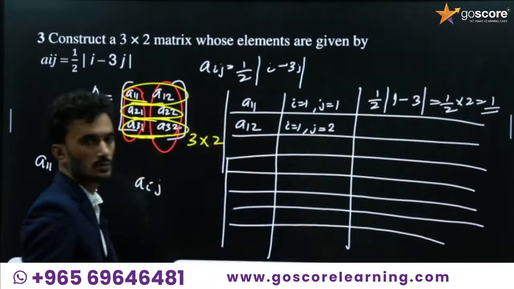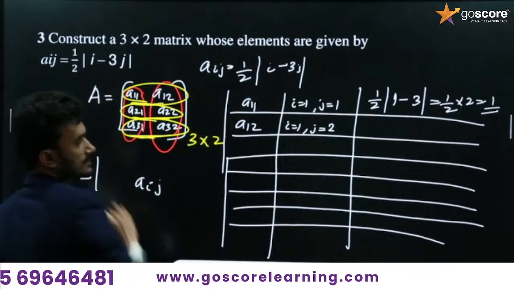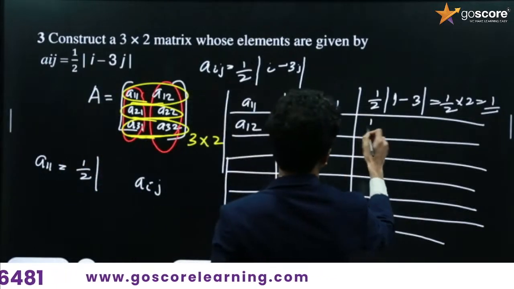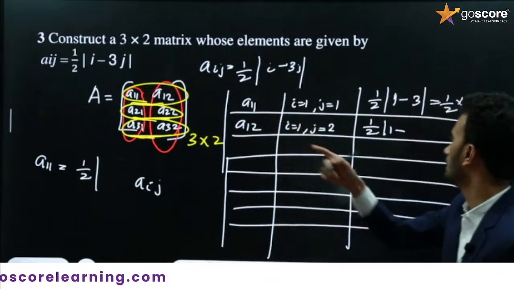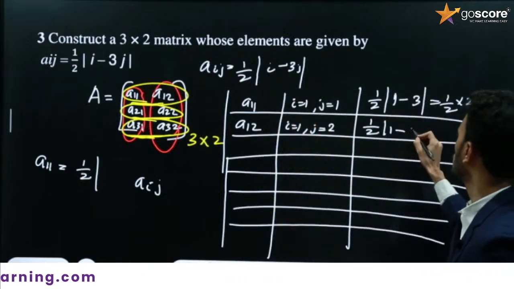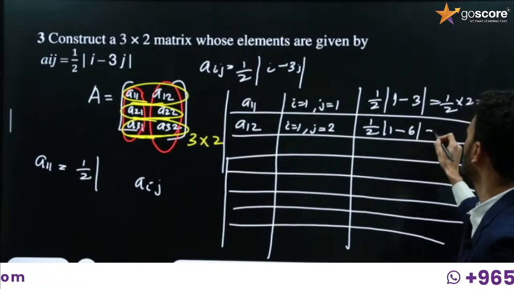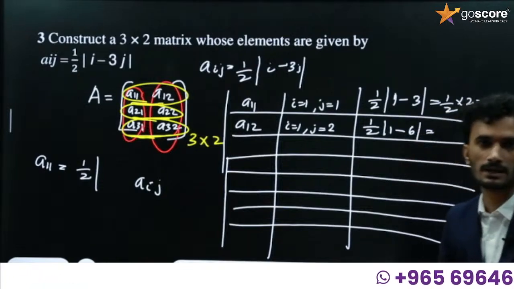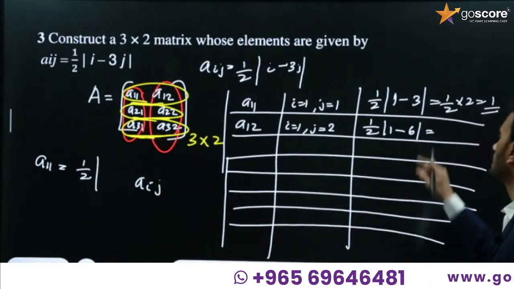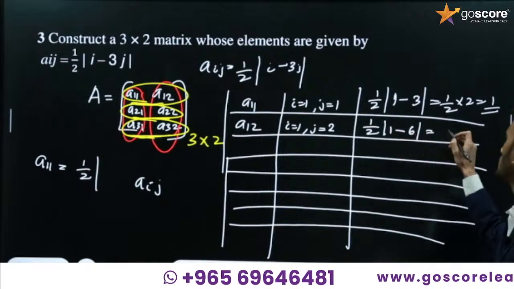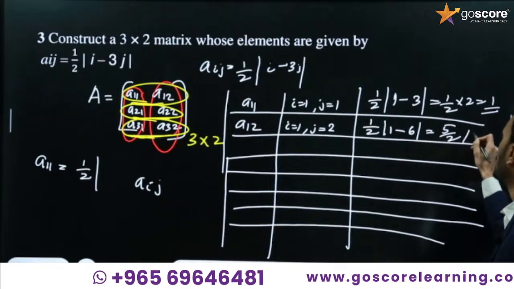Just substitute in this equation. So 1 by 2 into 1 minus 3j, 3 into 2, it is minus 6. 1 minus 6 is minus 5. Modulus of minus 5 is 5. So the answer is 5 by 2.